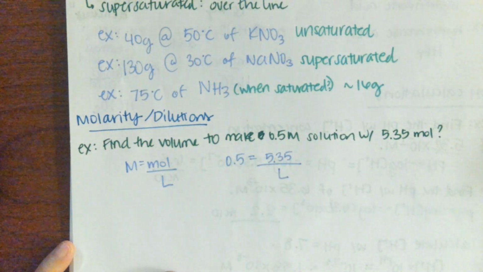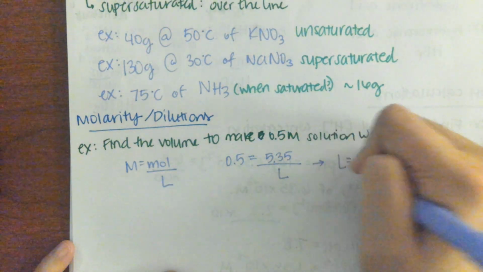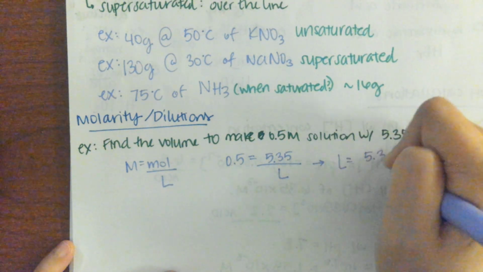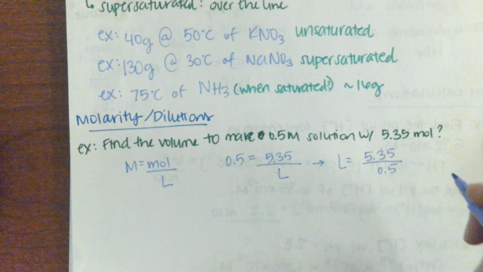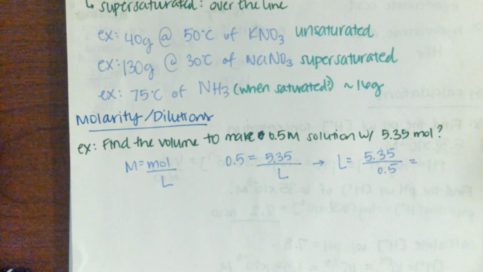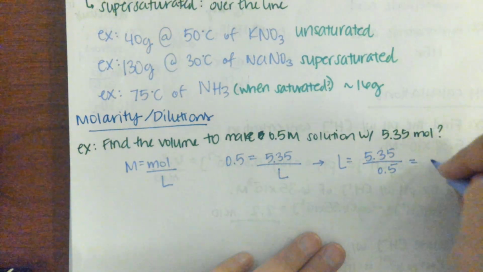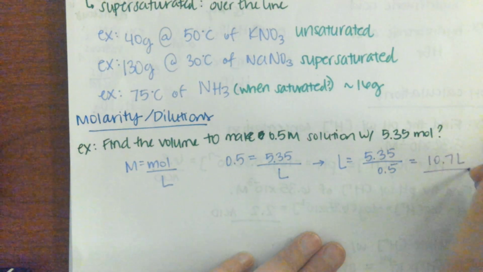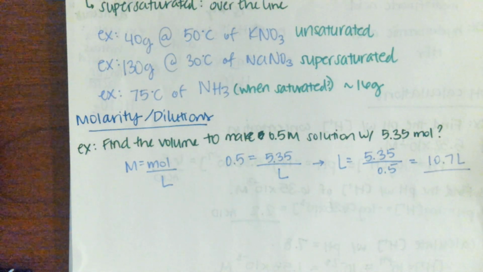And from there, you do your algebra, cross multiply and divide. So my liters would be 5.35 divided by 0.5. I believe that's like 10.7, right? 10.7, yeah, that's right. So 10.7 liters. Let me give you another one.